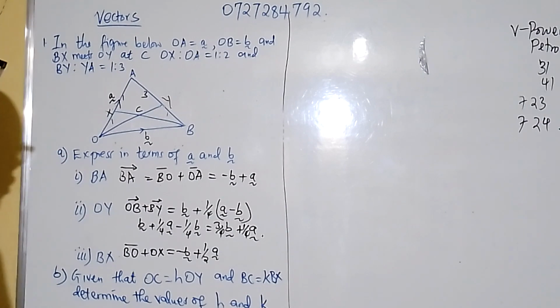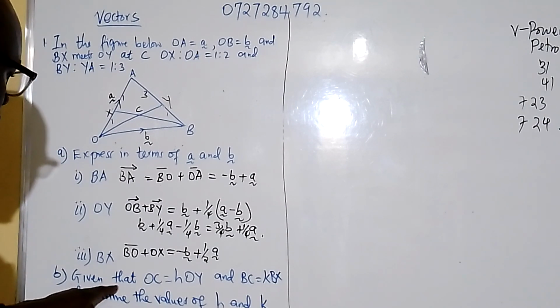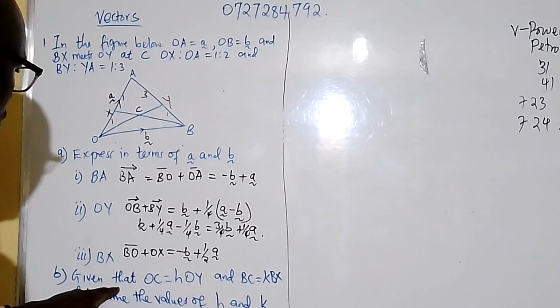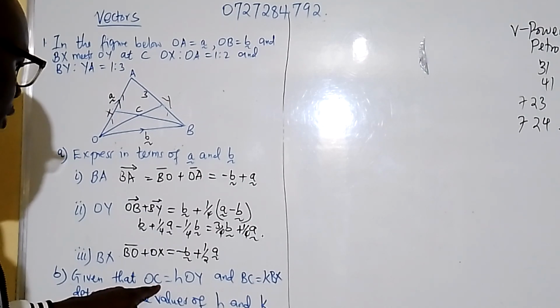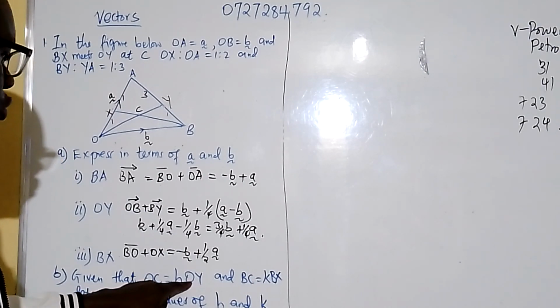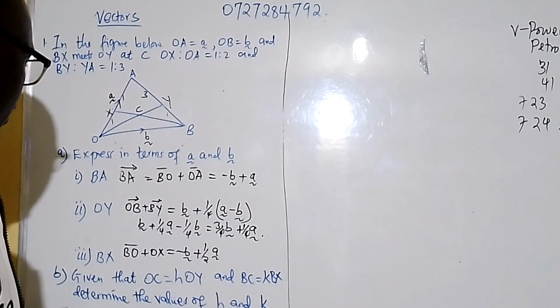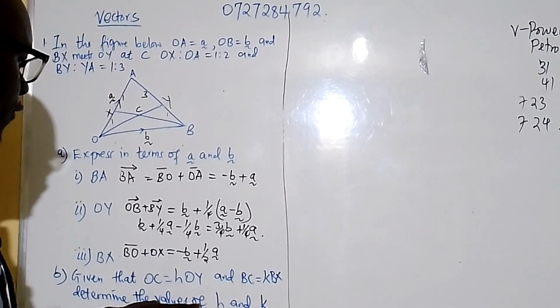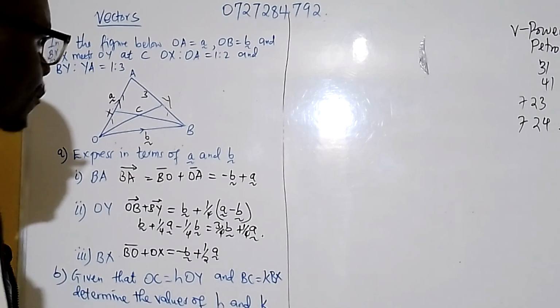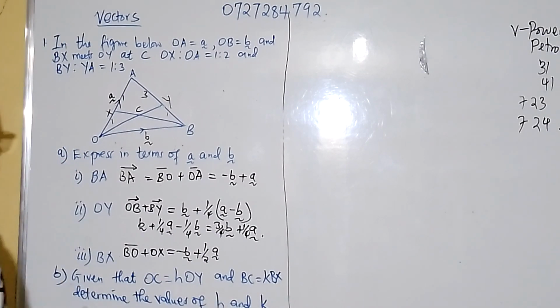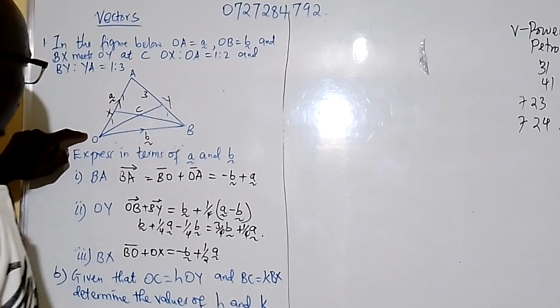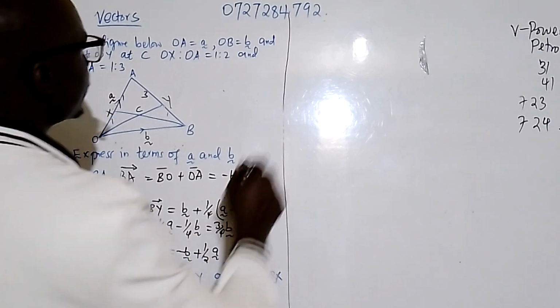Let us move to the next question. Given that OC is equal to H OY and BC is equal to K BX, determine the values of H and K. Very simple. Let us approach it this way. Let us look at OC.